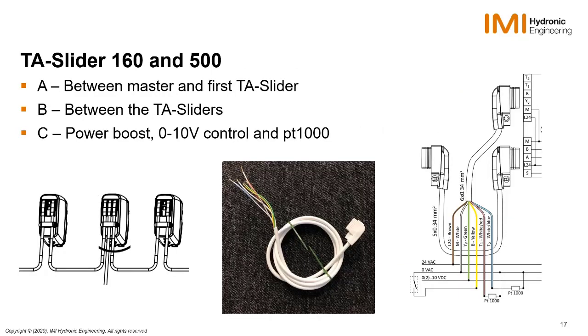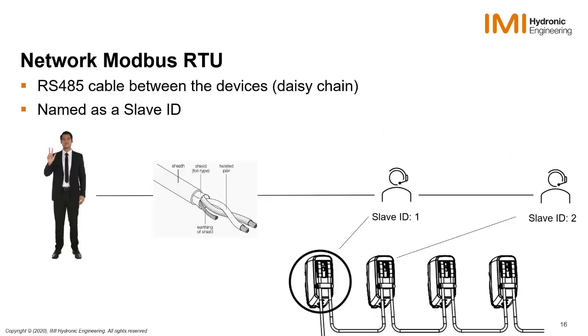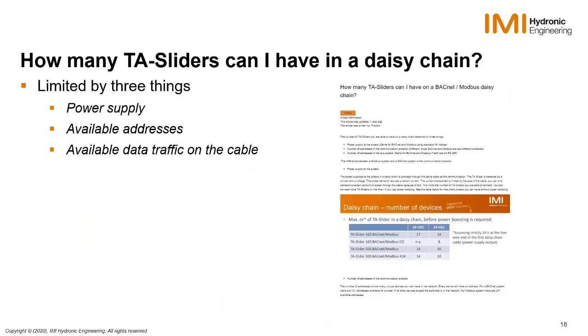So on this A and B cable, we can only transport so much data, and therefore we can't have an infinitely long daisy chain. So this is also limiting how many we can connect in a row. So if you want to know this and how it's limited, you can go on Little John after the webinar and see it for all the limitations here.